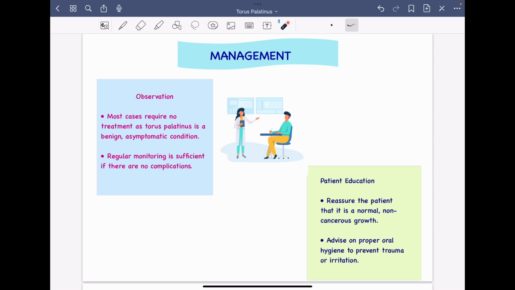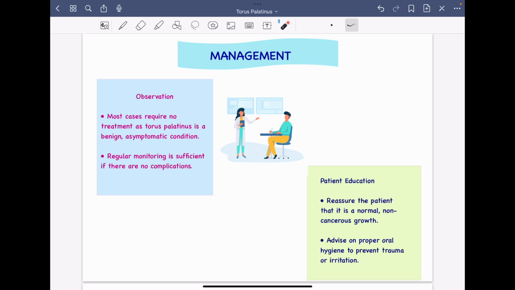Then patient education, we need to reassure the patient that it is a normal non-cancerous growth, it is benign in nature. Sometimes the patient may be very fearful of such conditions, a bony growth, especially if it is of nodular type, wherein large nodules are present, then the patient might be in anxiety.